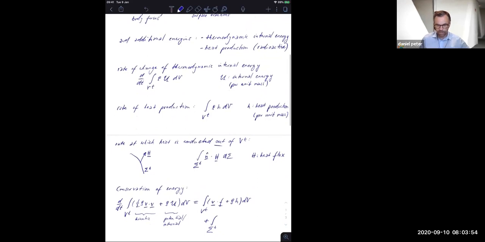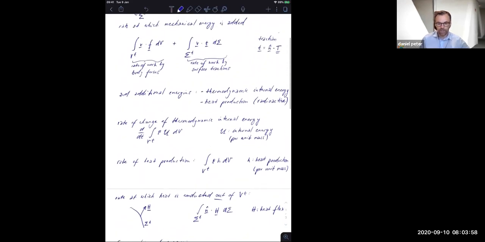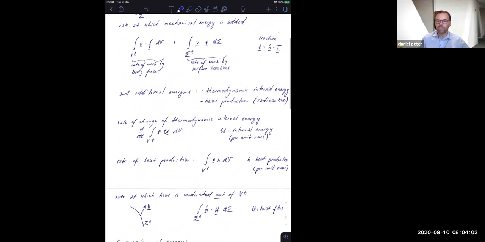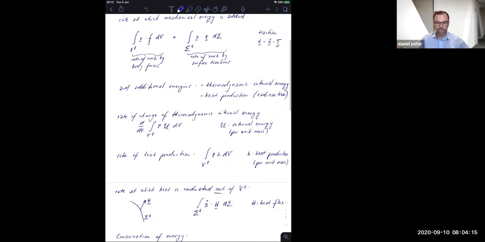Which ones do we have? Well, we have the heat flux surface integral, and we have the rate of work by the surface tractions, also a surface integral. So let's write that down. For the tractions, we would have v times the traction, but the traction we can write in terms of the stress tensor.